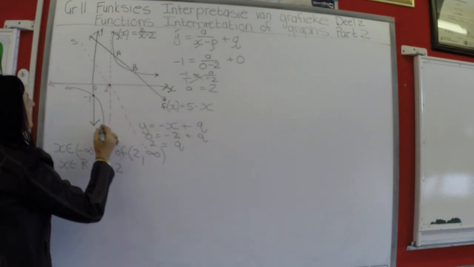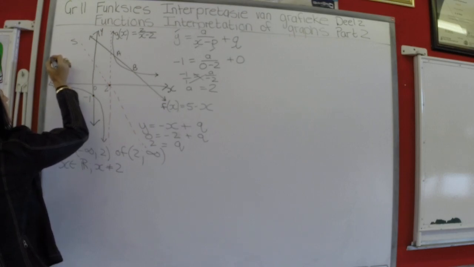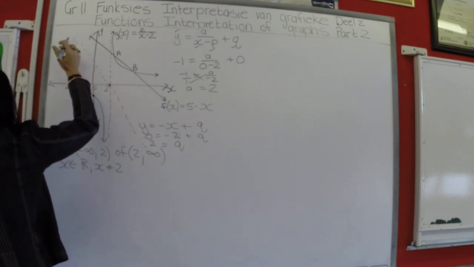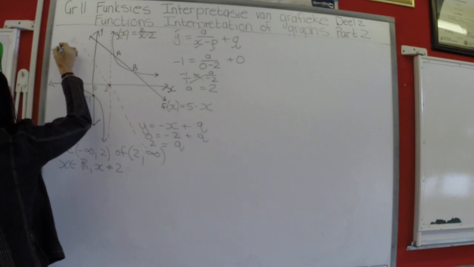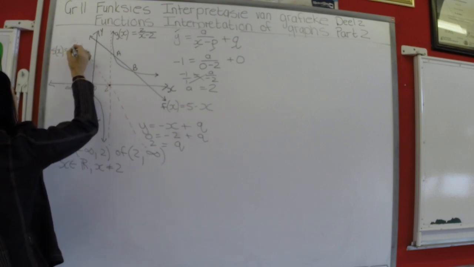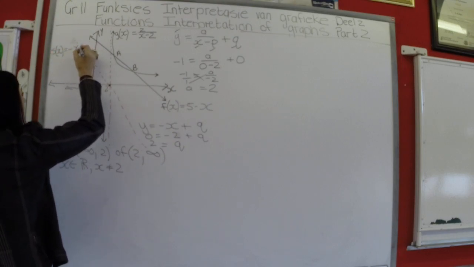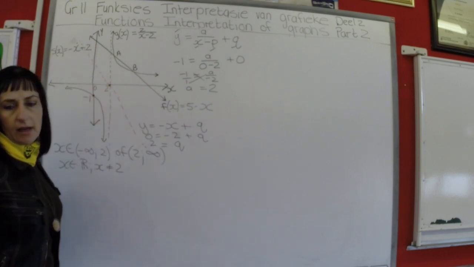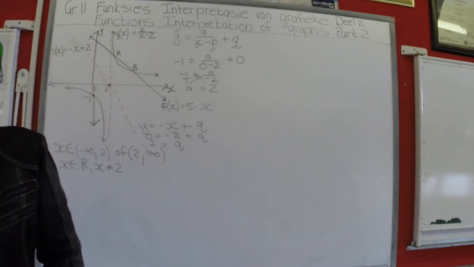So die naam van hierdie symmetriese as is gelyk aan, let's write it there, S(x) equals minus x plus 2. Vergelyking van my symmetriese as.